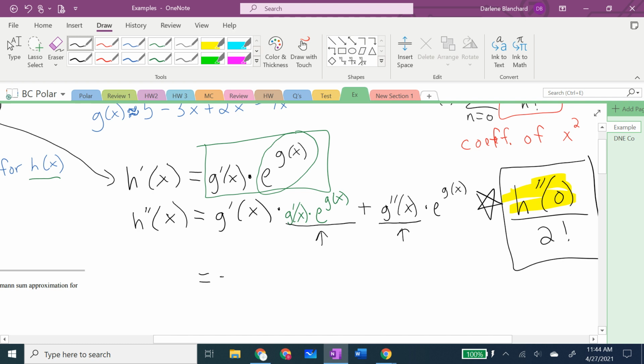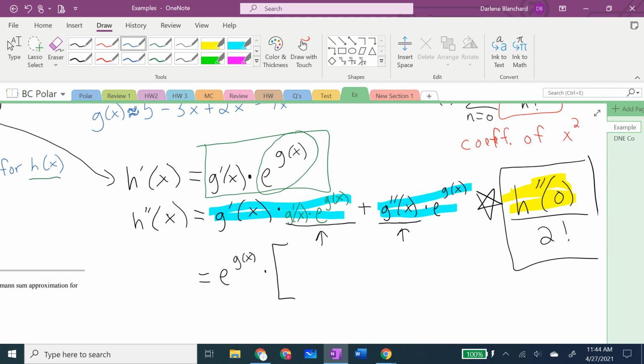So I'm going to take e to the power of g of x, and then I have term 1 and term 2. If I take that out of term 1, if I divide it out, then I have a g prime of x times another g prime of x, or g prime of x squared.